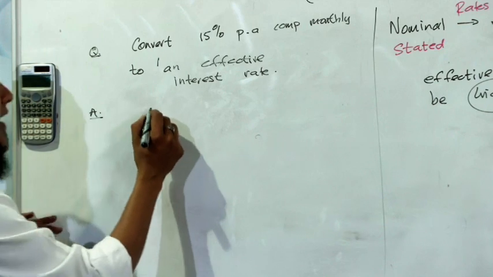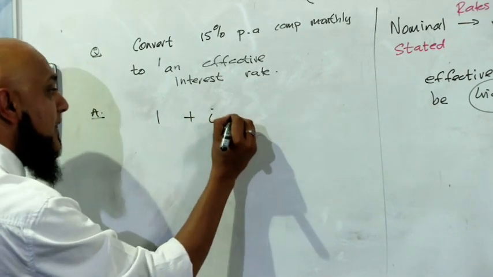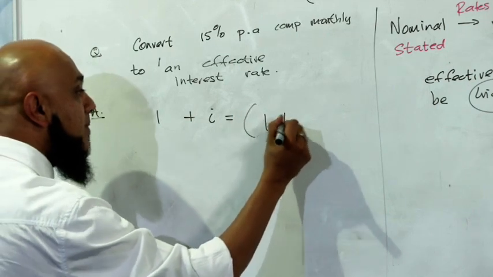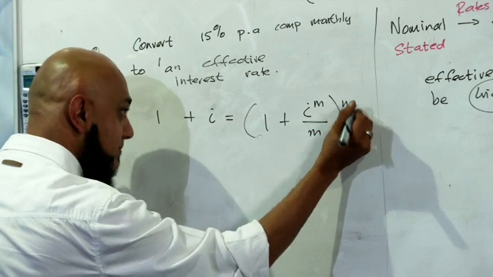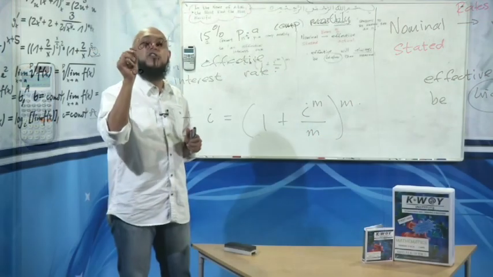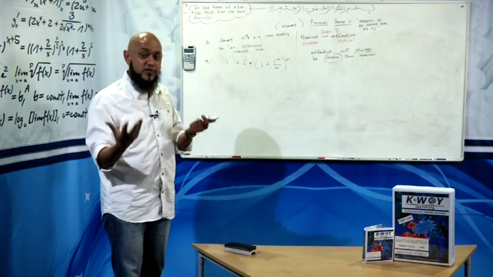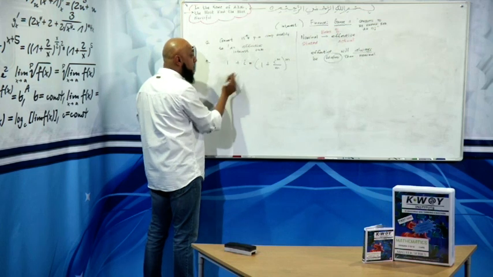And what is the formula? 1 plus i is equal to 1 plus i to the m over m, to the power m. Now you might be asking, what does that stand for? Let me explain what each one is. It's very easy. I'm going to write it in English for you so that you understand. Please don't ever use it.